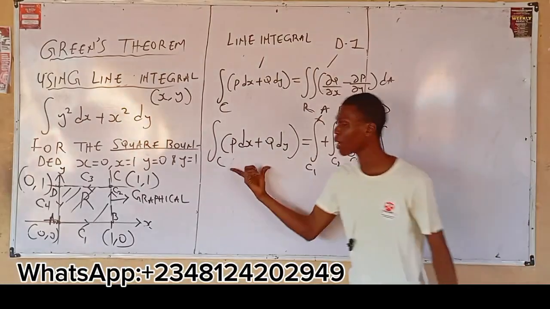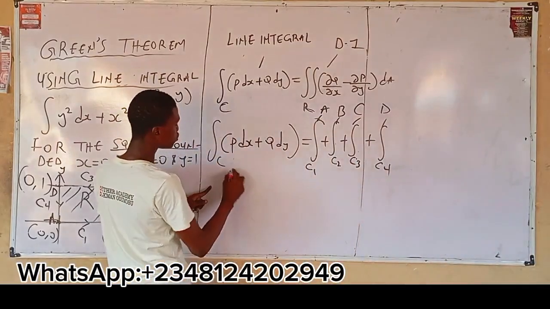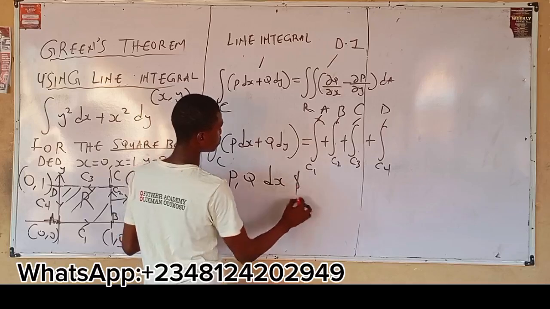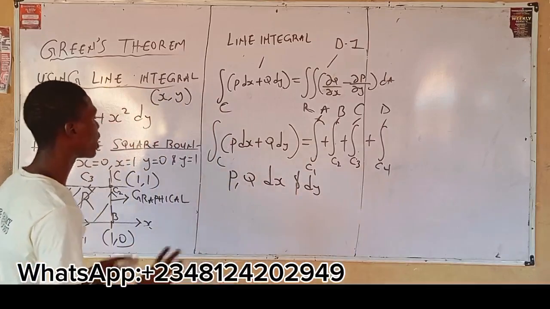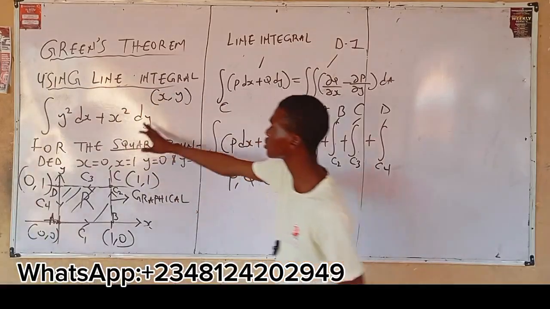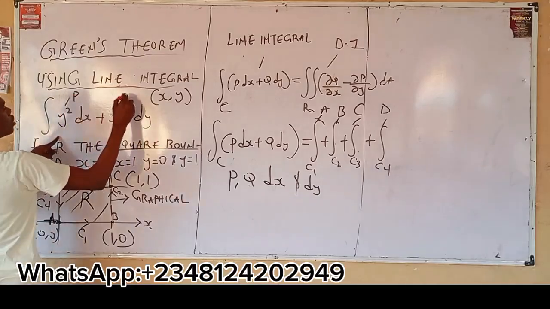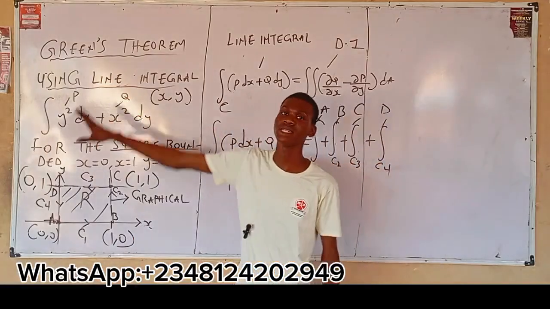Now you observe, we want to apply this formula, right? And in this formula, what are the unknowns? You have P, Q, x, and y as unknowns. In this case, you are given P and Q from the question itself. This is P, this is Q. The P and Q have been substituted in your line integral.